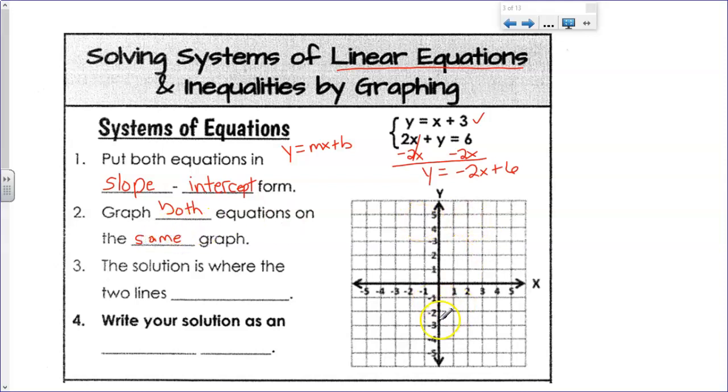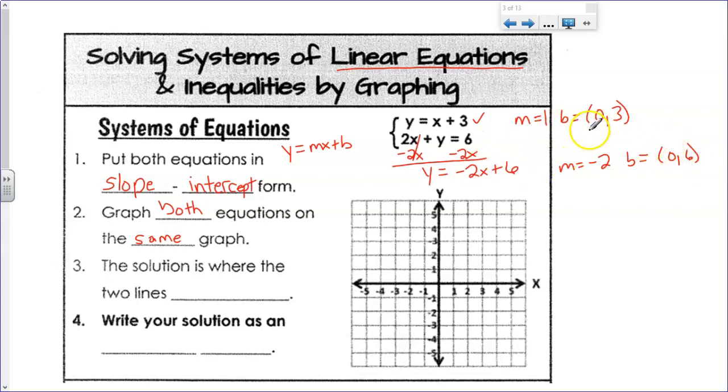So we're going to use the same graph and graph both equations. This first one, my slope is 1, and my b, remember, is (0, 3). X is always 0 because that's our y-intercept. For this one, my slope is negative 2, and my b is (0, 6).